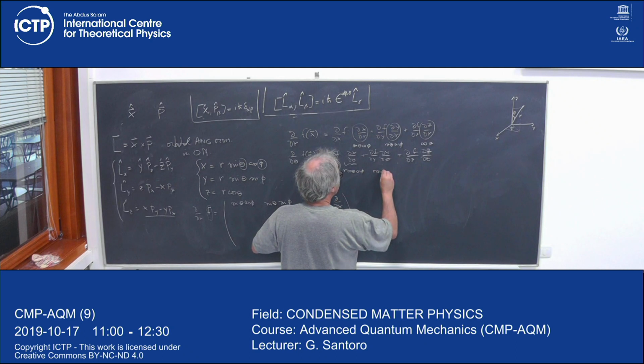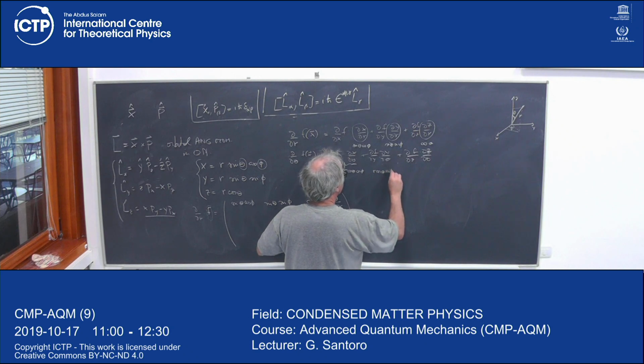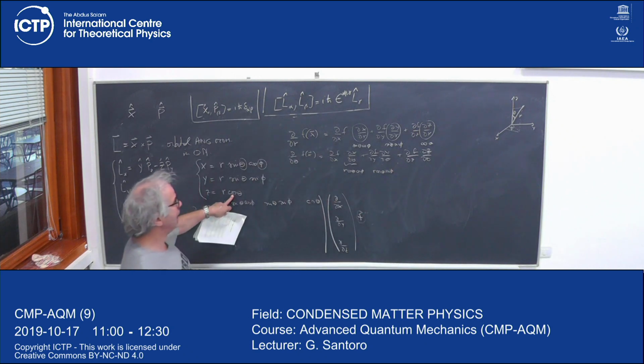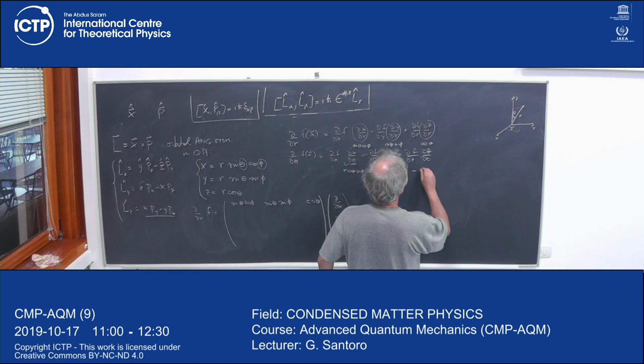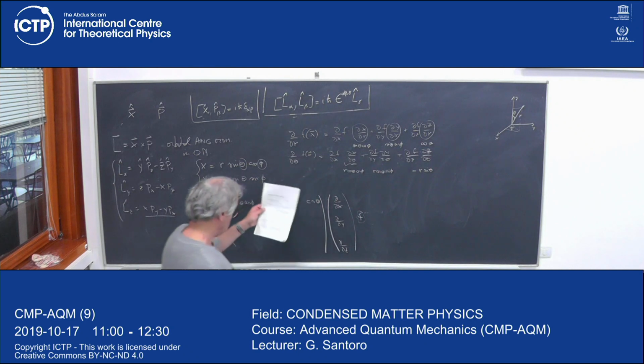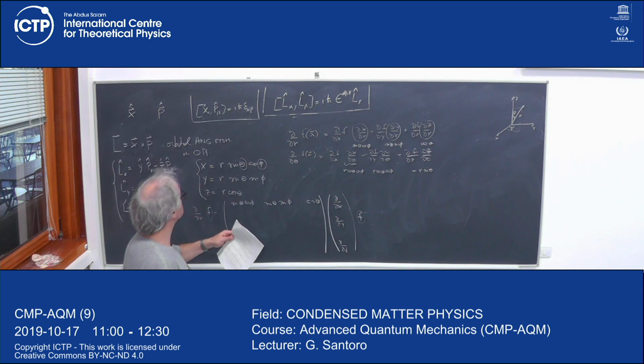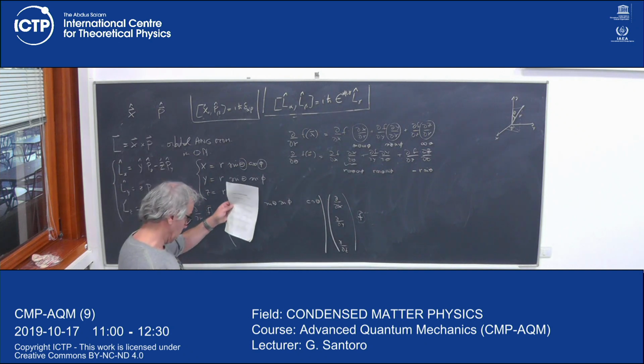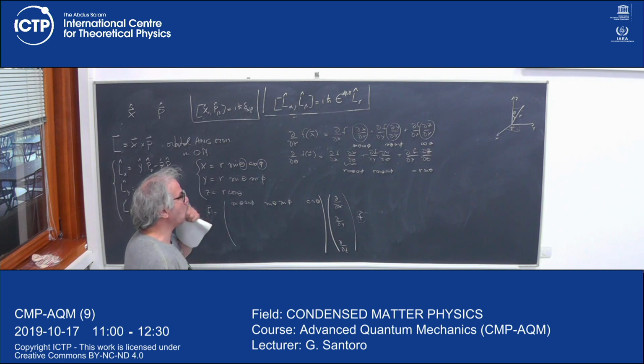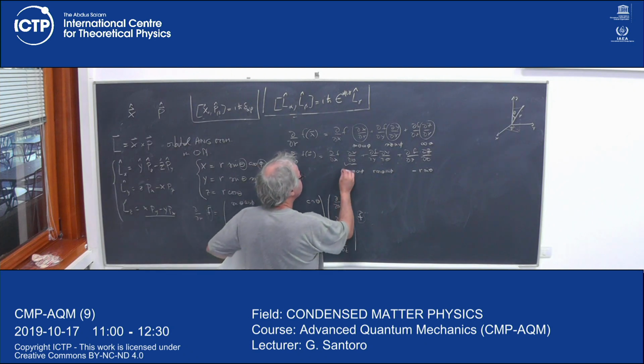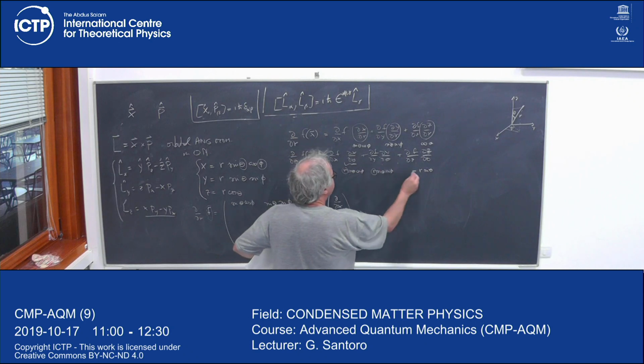R cos theta, sine phi, sorry. And what about the last? Minus. Good. Minus r sine theta. Okay? Is it clear? Good. All of them have a factor r.